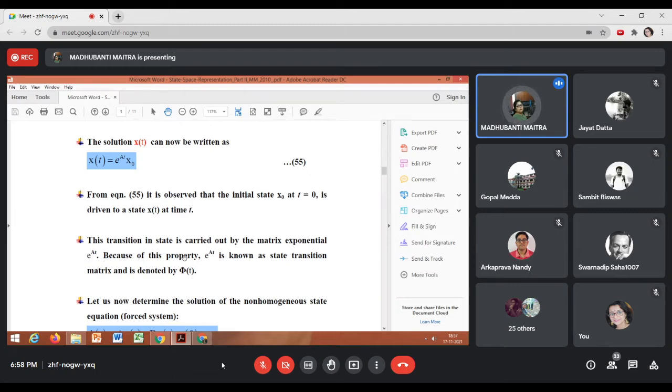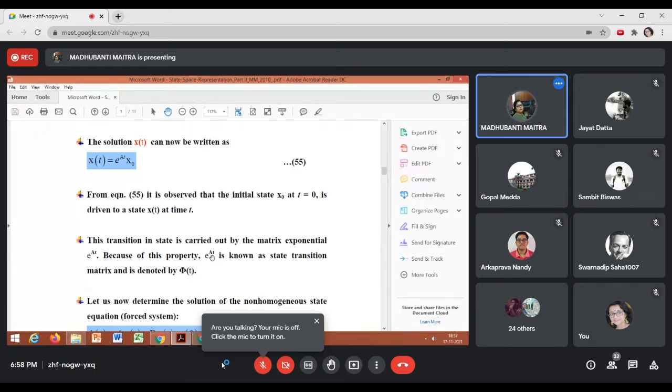Because of this property, e to the power At is known as the state transition matrix, and is often denoted by the symbol phi t. So phi t will be equal to e to the power At for a given state model.